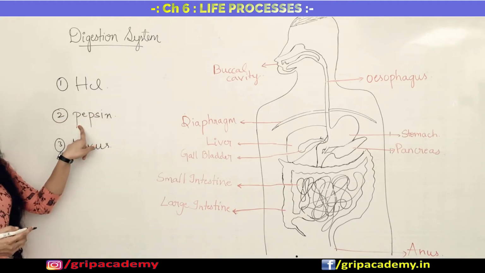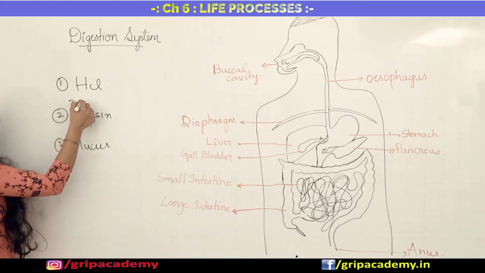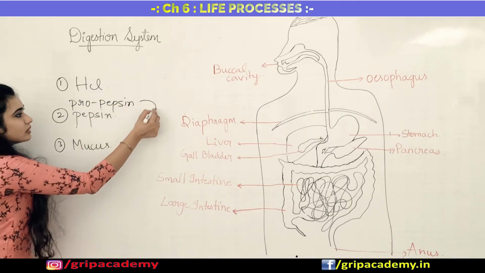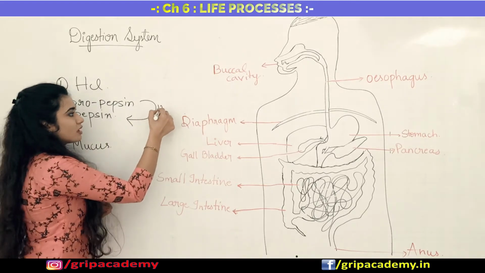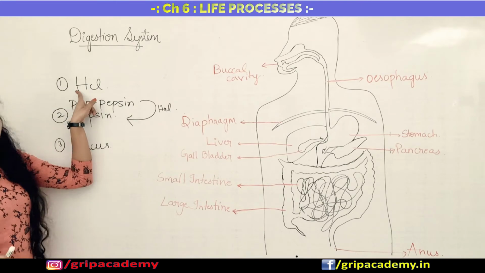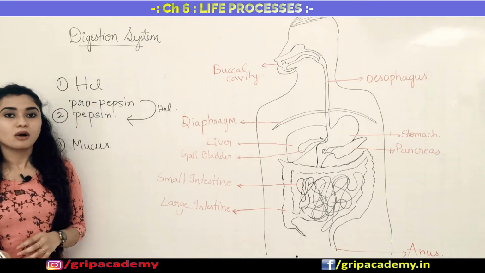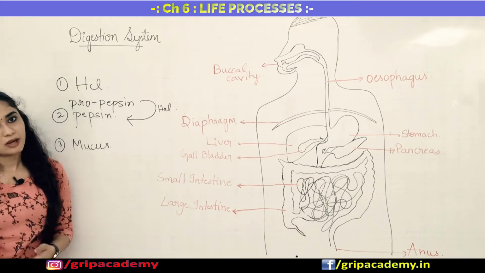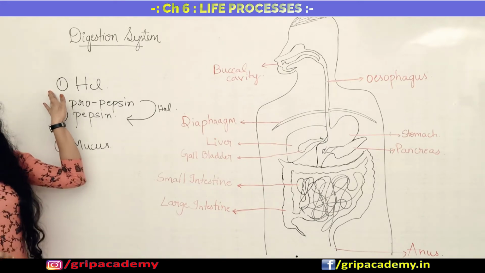This pepsin is in its inactivated form, called propepsin, which converts into pepsin upon the action of HCl. This is one important function of HCl. Also, hydrochloric acid kills the germs or microorganisms that enter along with the food. These are the two important functions of hydrochloric acid.